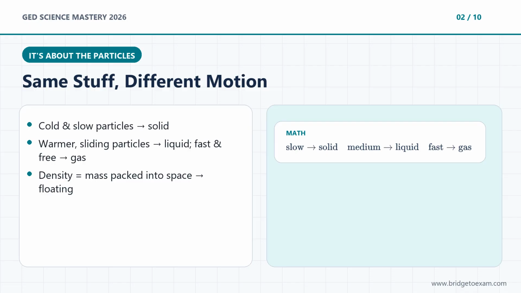That is a liquid. Add more heat, and they break free and fly apart. That is a gas. And whether an object floats comes down to density. How much mass is packed into its space? Motion sets the state. Density sets the floating.